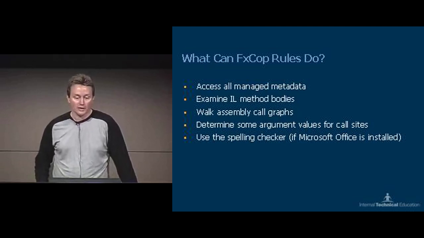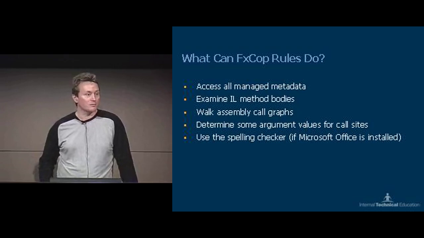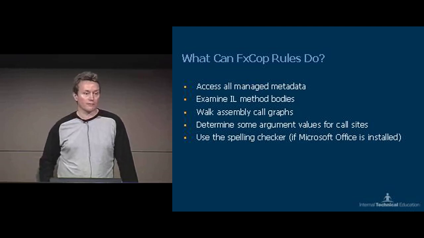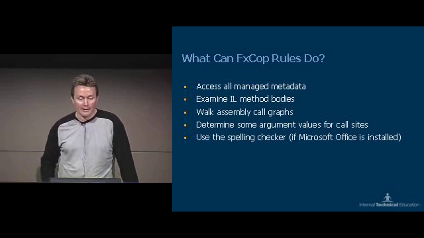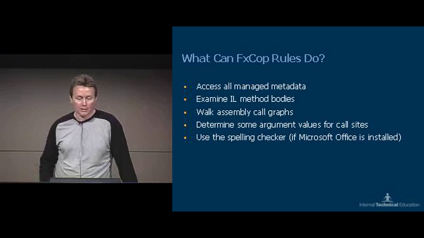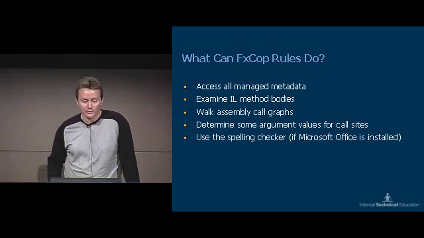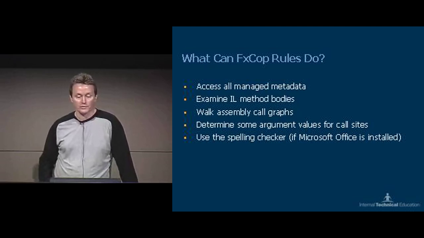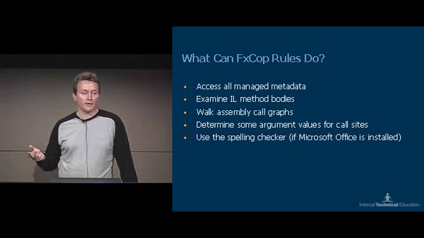We can also examine IL method bodies in order to look for certain patterns. For instance, some of the performance rules that we're going to illustrate for you today do exactly that. We can walk assembly call graphs, for instance, to look at the call tree for enforcing certain types of rules. And we can also determine some argument values for call sites.